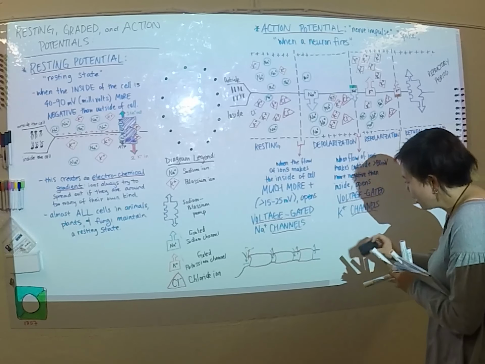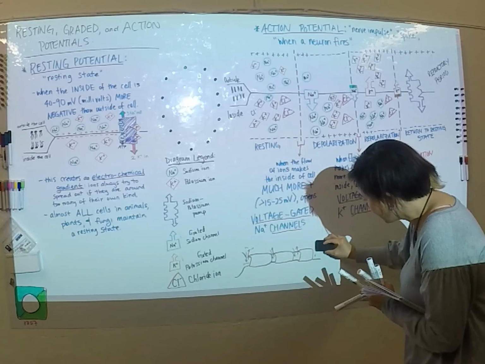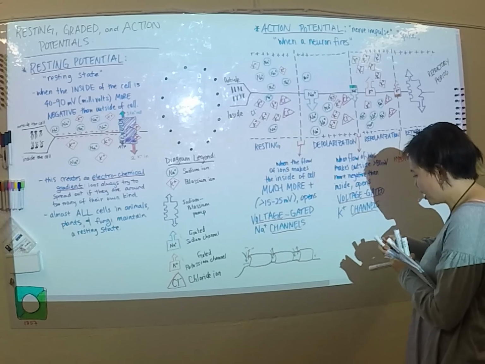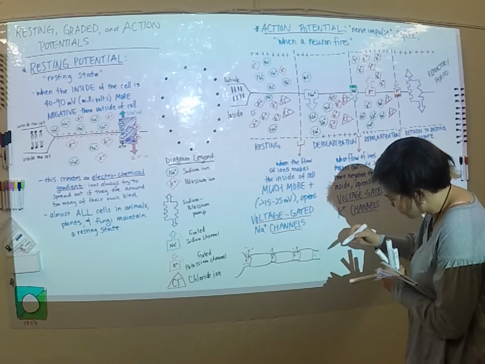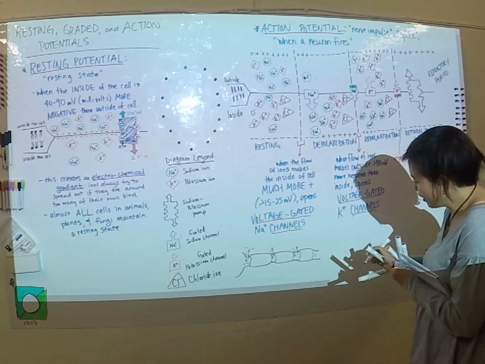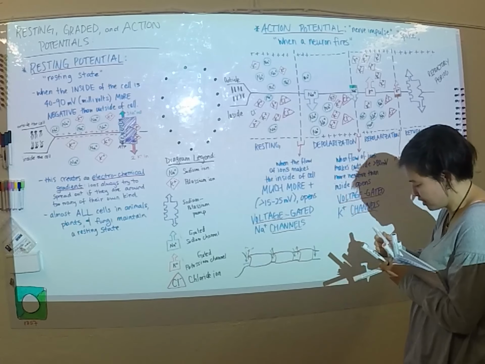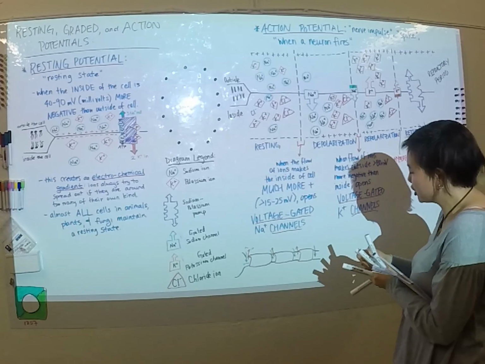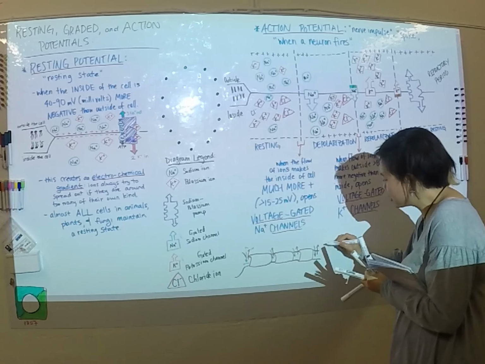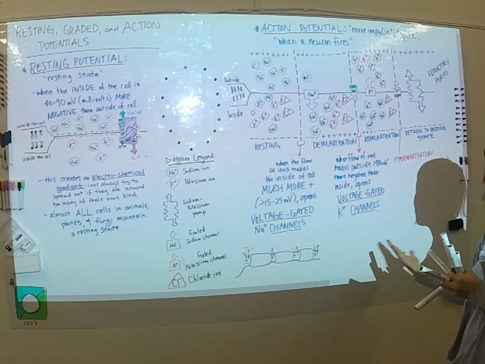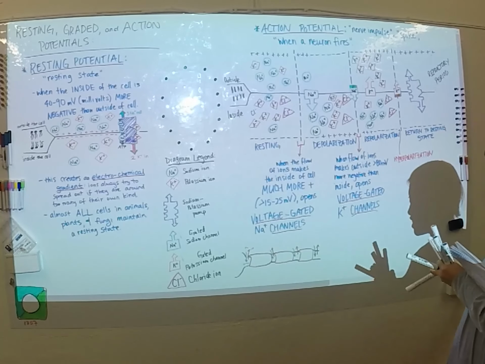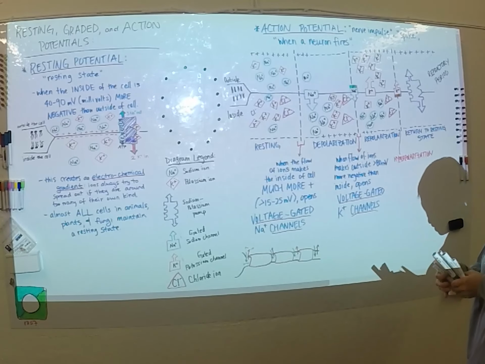And once again, we have a rush of sodiums in, and then a rush of potassium out. And then it just keeps propagating all the way down the axon like this, okay?